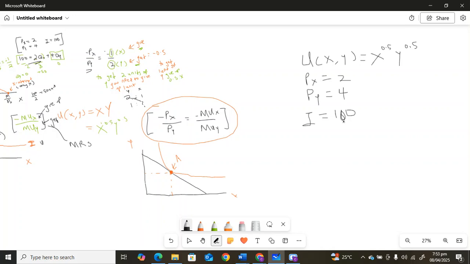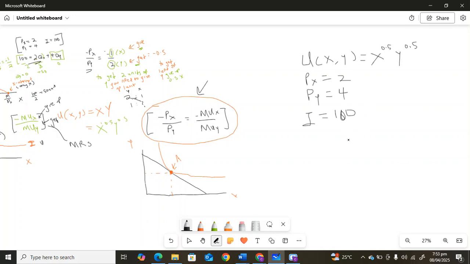First, let us start with the marginal rate of substitution way. Basically, we're going to use this here to find the optimal bundle of goods. So first things first, with this type of question, you make the budget constraint equation.